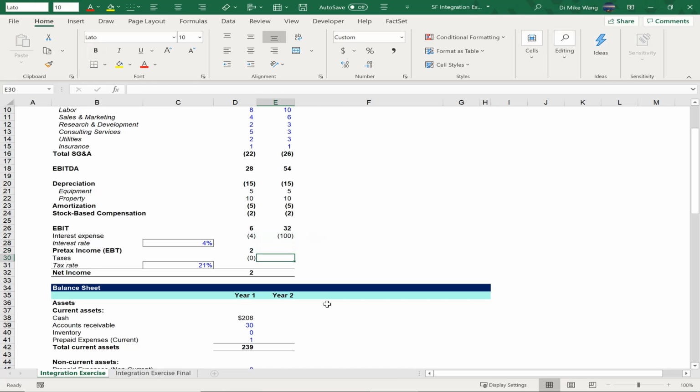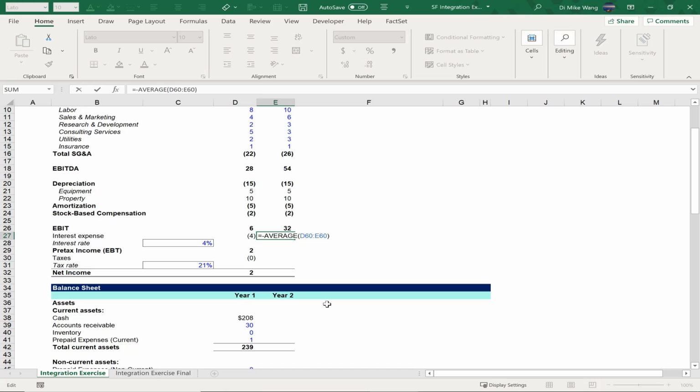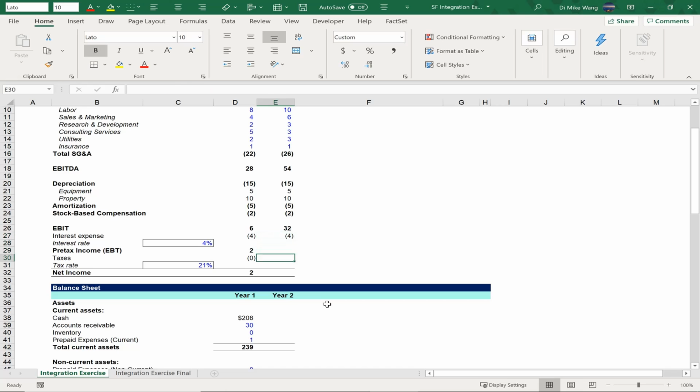And then multiply this by our interest rate. So that's 4%. And that so far is an interest expense of 4. We sum these items together, so that EBIT number plus our interest expense gets us to a pre-tax income, or earnings before tax, of 28.